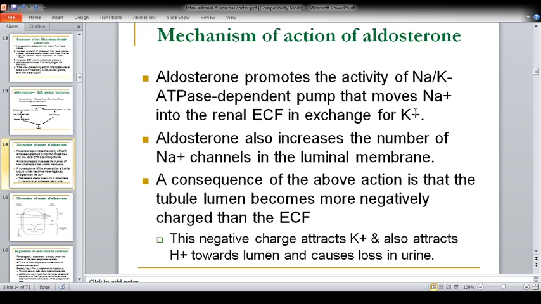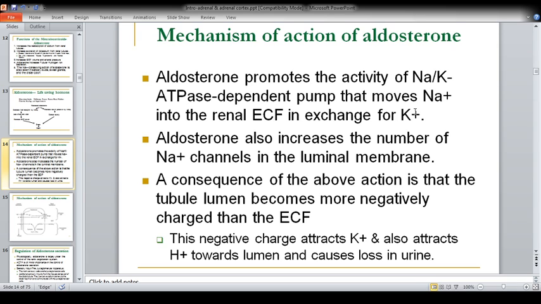So in the lumen of the kidney, there would be increased sodium channels so that sodium can be reabsorbed more. A consequence of the above action is that the renal tubule lumen would become more negatively charged than the extracellular fluid, and this negative charge would attract potassium and also hydrogen ion towards the lumen, causing the loss of potassium and hydrogen ion in the urine.